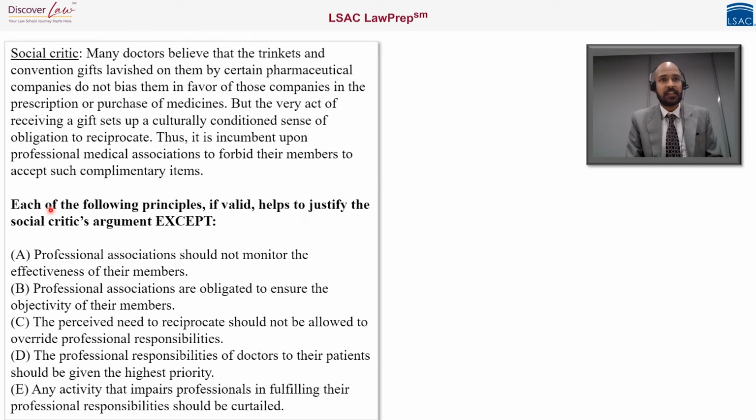It says, each of the following principles, that means you have some principles in here, if valid, helps to justify the social critic's argument, except. So what you can see simply by reading this statement is that in here you have the 5 options and they give you 5 principles, right?